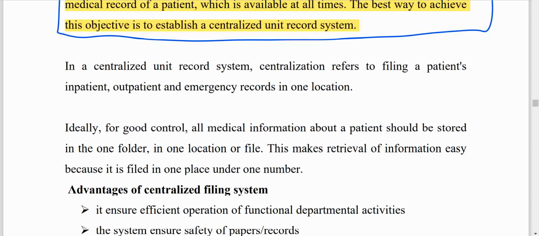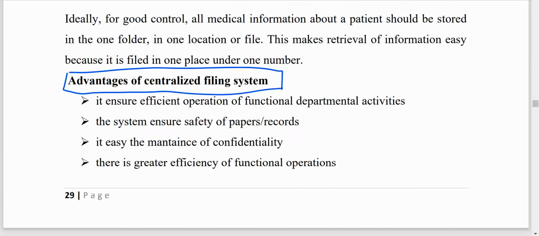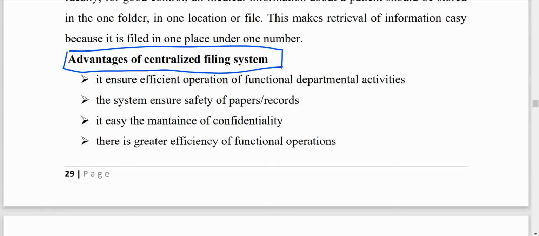So now let's talk about advantages of centralized filing system. What is the benefit of using this system in your facility? Number one, using centralized filing system will ensure efficient operations of functional departmental activities.